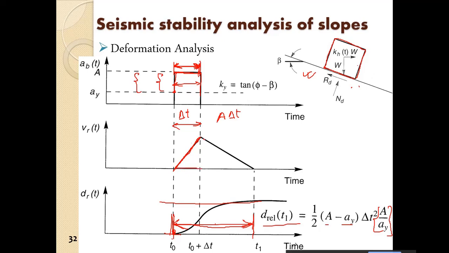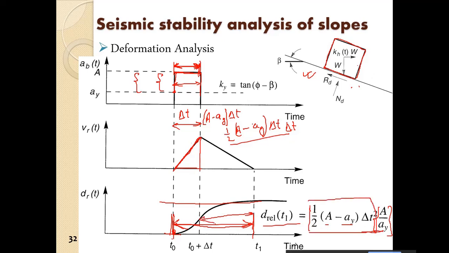Then we have to find out the area. So half into (A minus Ay) into delta T into delta T. This is this value over here.